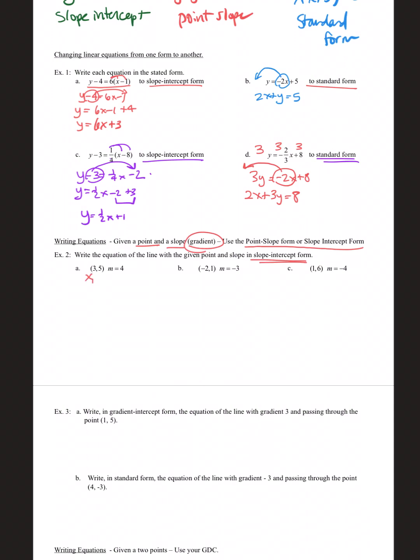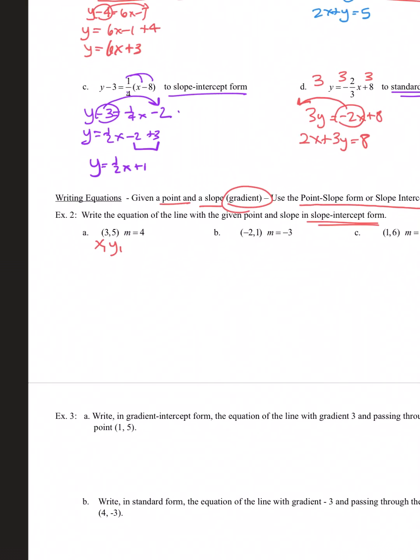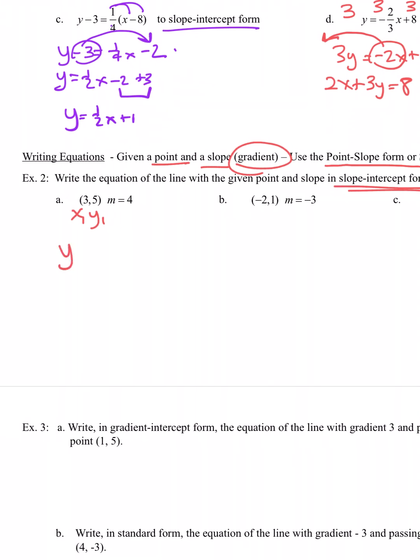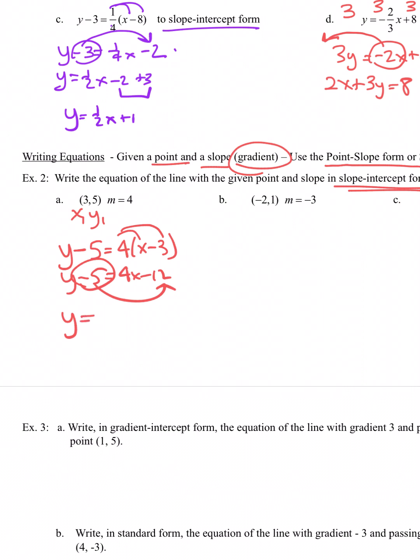So I'm going to call this x sub 1 and this y sub 1. Then y minus y sub 1 is equal to m times x minus x sub 1. All I have to do is distribute. And then move this -5 to this side, which makes it positive.